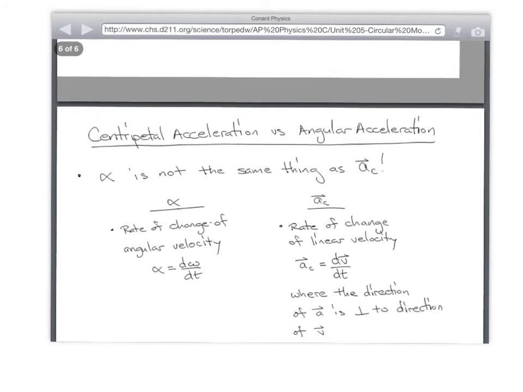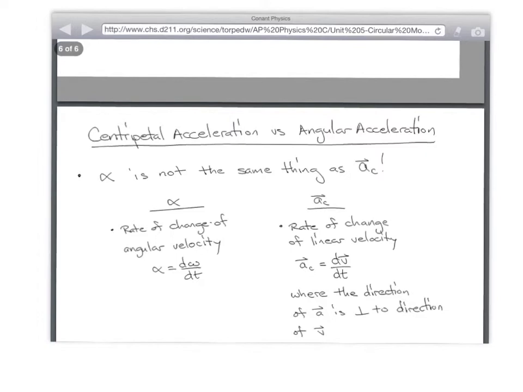Centripetal versus angular acceleration. We have three kinds of accelerations to deal with potentially, but we're going to talk about two. What's the difference between alpha and a_c? What are the units of alpha?